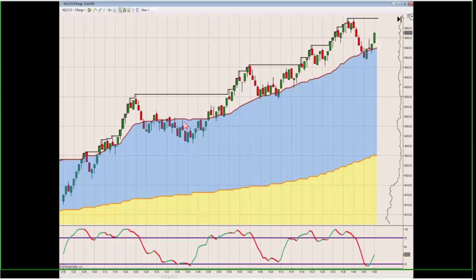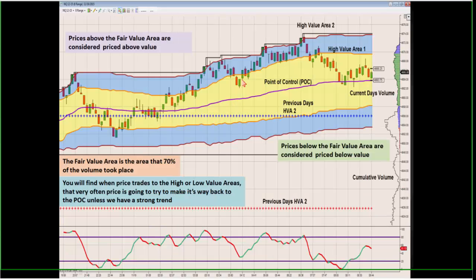And when we have a strong trending market, now remember on the previous slide, I mentioned how we will typically go from one edge of the yellow area down to the next edge of the yellow area and just kind of meander back and forth. So that is what we see a lot unless we have a strong trending day.